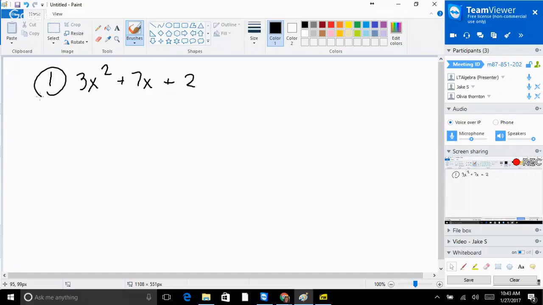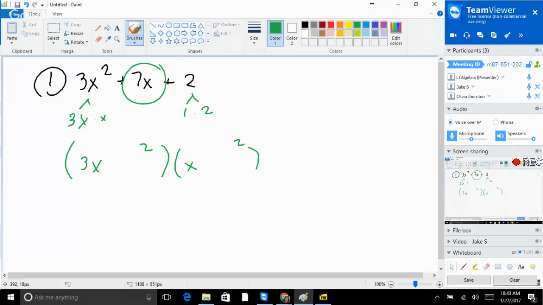Okay, so we've got 3x squared, right? So the way to make 3x squared is basically just 3x times x. So I know it's going to have to be 3x and x. And then my last term is 2, and it's plus 2, so that's awesome. So it's got to be 1 times 2. So then I have to figure out, do I put my 2 here, or do I put my 2 here?